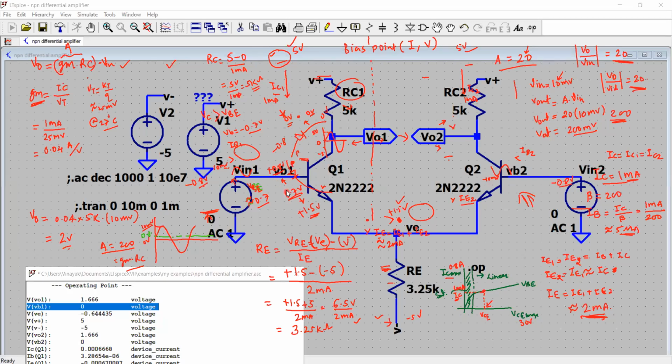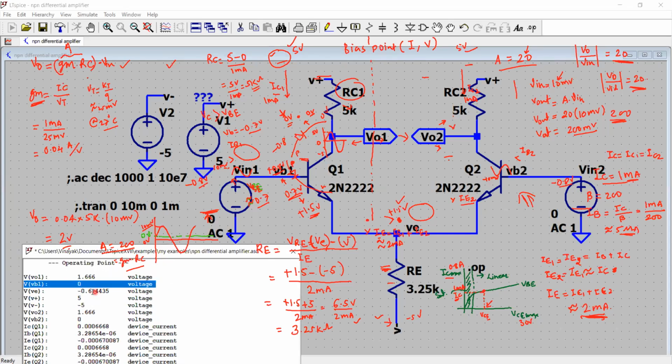What about this diode? It is 0, and now the voltage should be more than minus 0.7. So VE is minus 0.64 actually. Pretty close to what we want, but still I suspect whether this diode is forward biased or not. But let's check if we have the current. So the collector current is 0.6 milliampere.